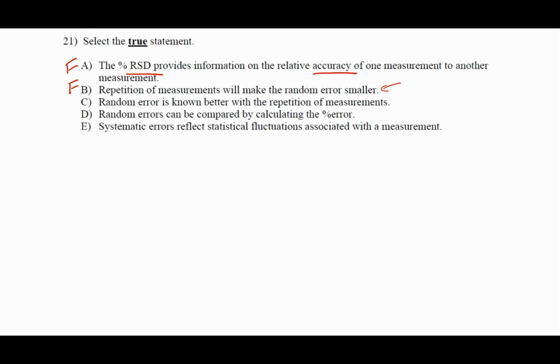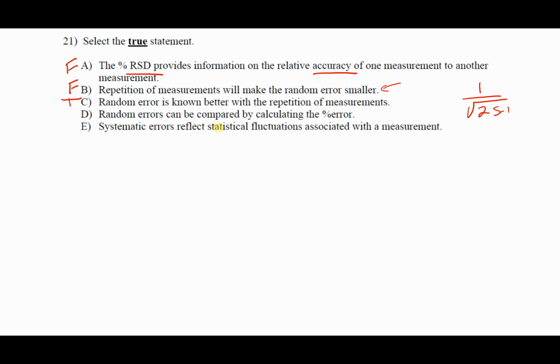No, random error will always be there. It's part of nature. And if you don't believe me, go look at the Heisenberg uncertainty principle. C, random error is known better with repeated measurements. Yes, right? Because the error of the error goes down as n gets up. Remember, it goes 1 over square root of, what is it, 2s minus 1 or something like that?